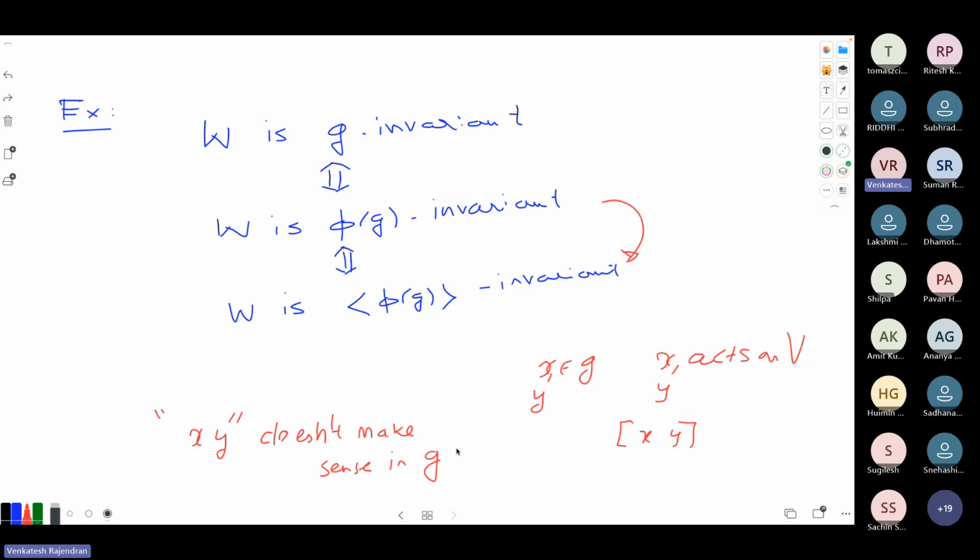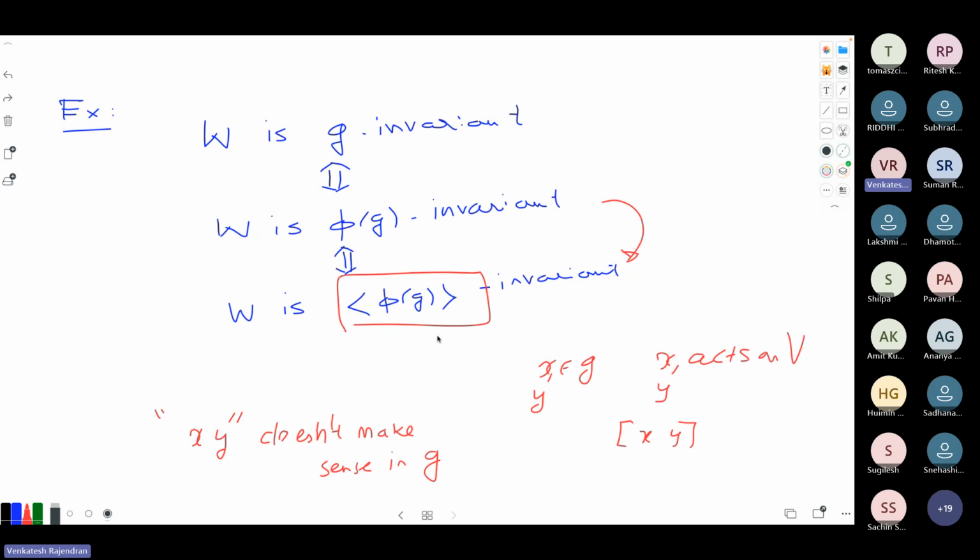Let's say it doesn't make sense in g, but at least as long as the representation is concerned, that makes sense when you go to that particular space. There is no issue. But then you can ask whether this can be done simultaneously for all representations of g. If you pick one representation, then you have this associative algebra naturally defined, and all information about the representation is in a way encoded using this associative algebra.